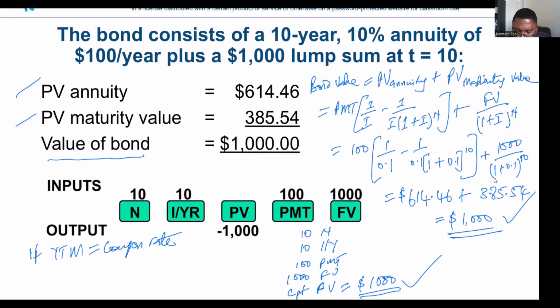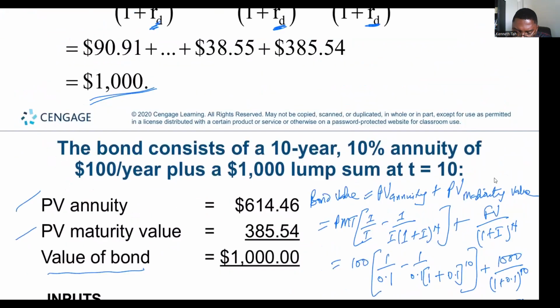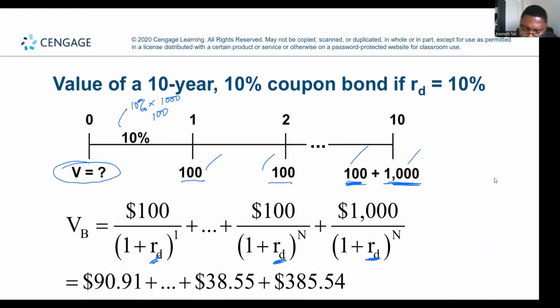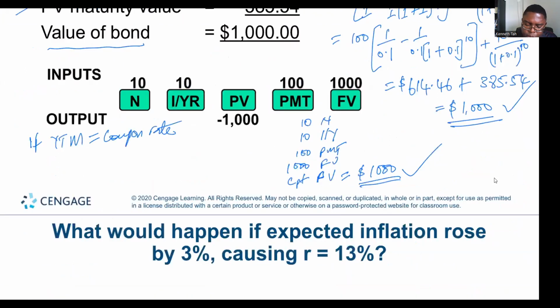So the yield to maturity is 10, because we are told that this is a 10-year bond. It's a 10% coupon bond, and the yield to maturity is 10%. So we have seen that the yield to maturity is equivalent to the coupon rate.